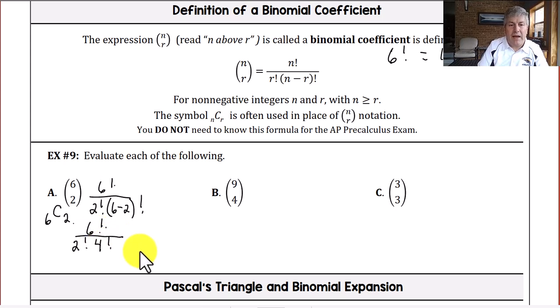Well, 4 factorial is going to cancel here. Watch this. 6 times 5 times 4 factorial is the same thing as 6 factorial. And then I have 2 factorial, which is just 2 times 1, and all over 4 factorial. So my 4 factorials cancel, and I get 6 times 5 over 2, which is 30 over 2, and I get 15. So our answer here for the combination of 6 choose 2, or 6 over 2, is 15.